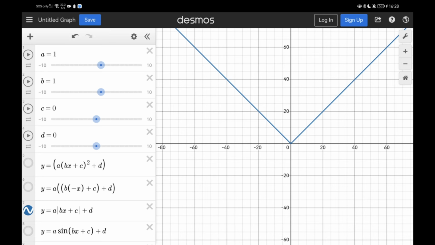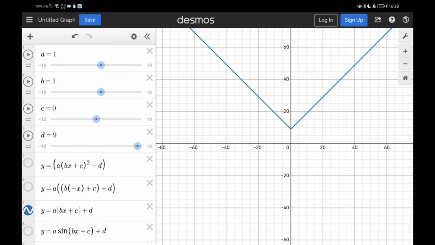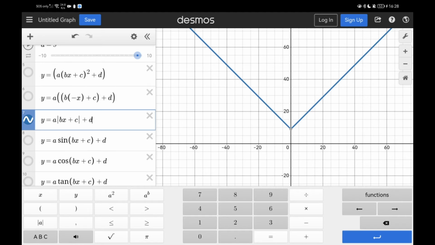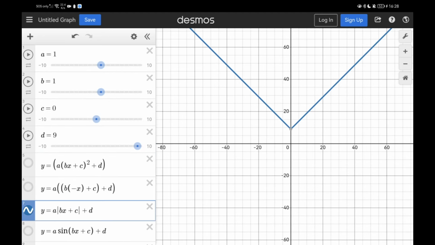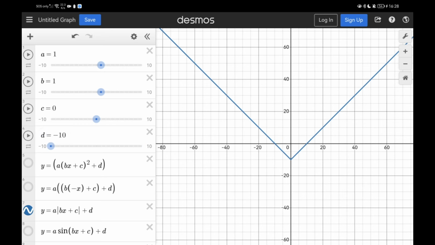Let's say I change my d, it also changes the position. When d is positive, it moves up. Let's say I set my d to 10, so the absolute function graph moves up by 10 units. Similarly in the negative direction.